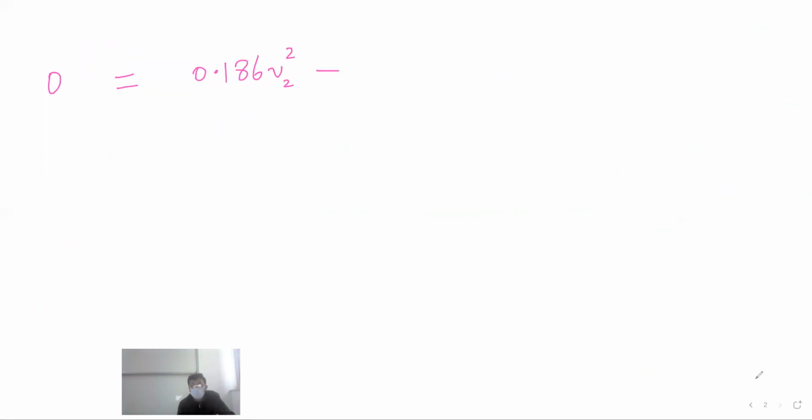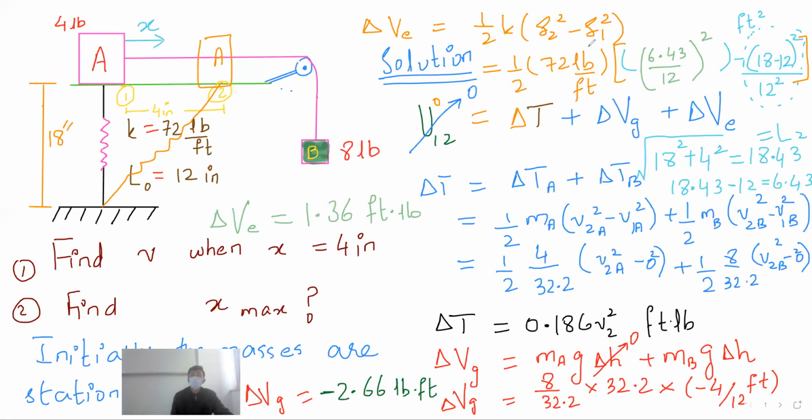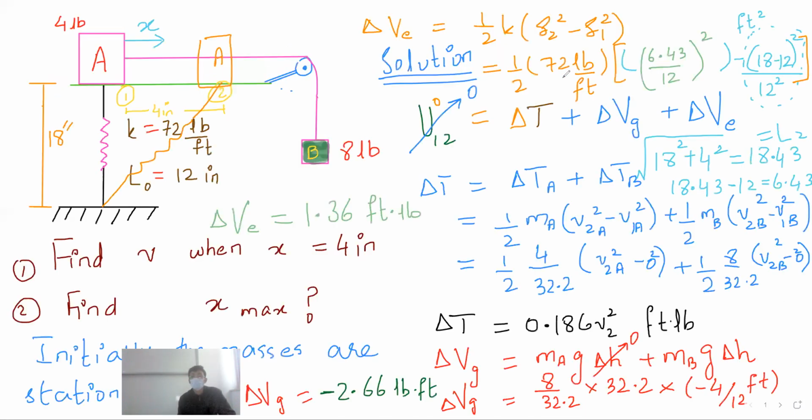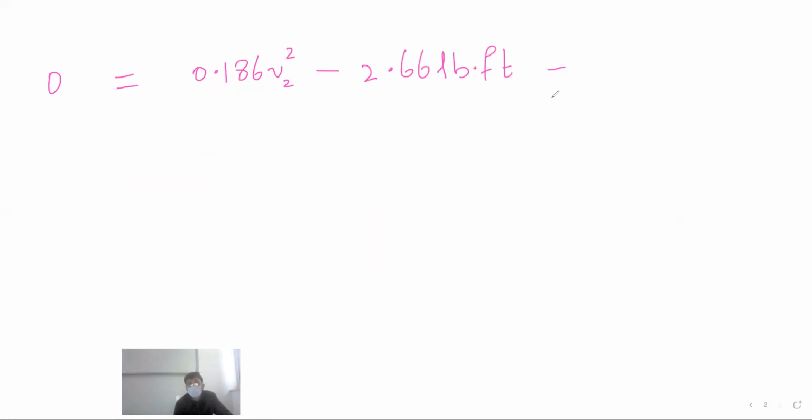Then we came to the conclusion that delta VG comes out to be negative 2.66 pound feet. Negative 2.66 pound feet. Then the last chunk comes out to be delta VE as 1.36 foot pound with a positive sign.